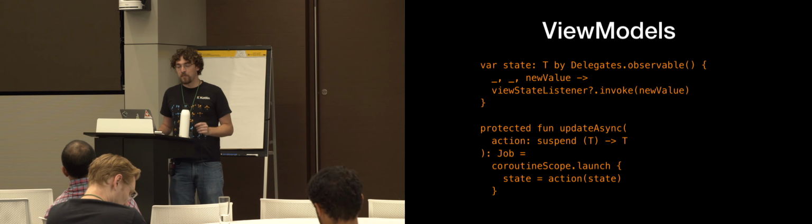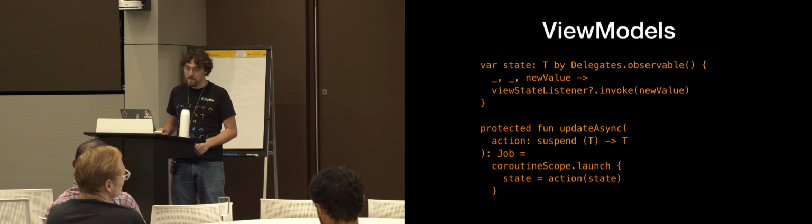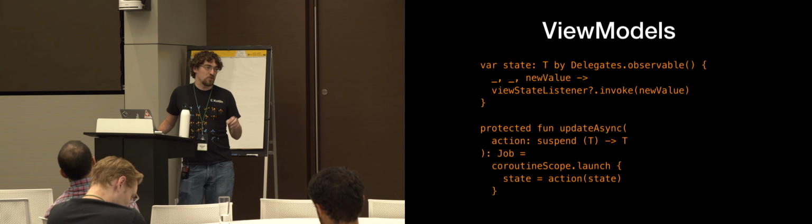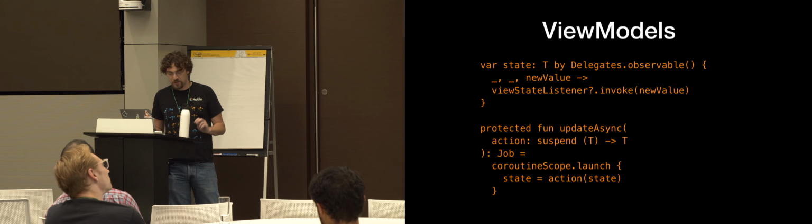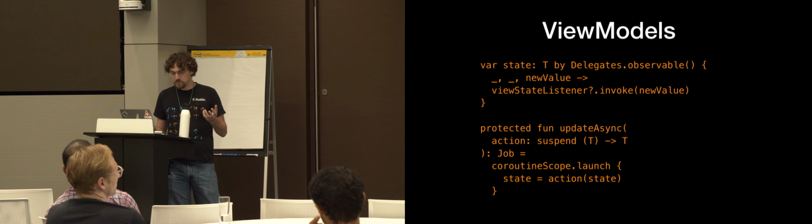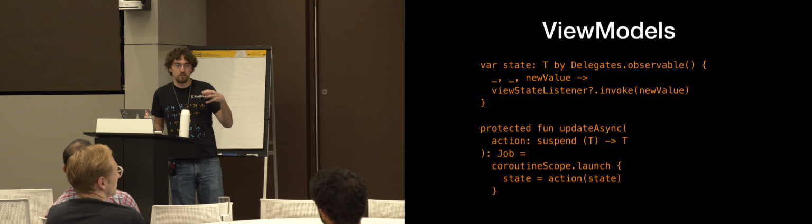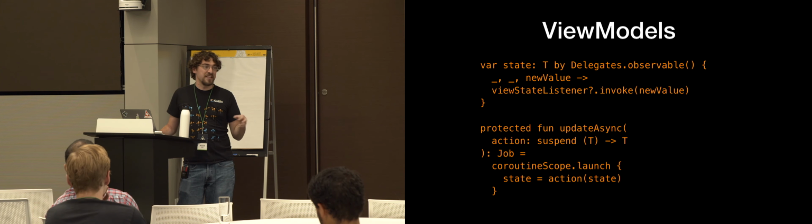But the general structure of a view model: in the center, it has this state value, which is generified by the type of the view state. And we use Delegates.observable to call out a listener every time it changes. Internally I have this update async utility, which does reducer-like functionality where it launches a coroutine that updates the state.